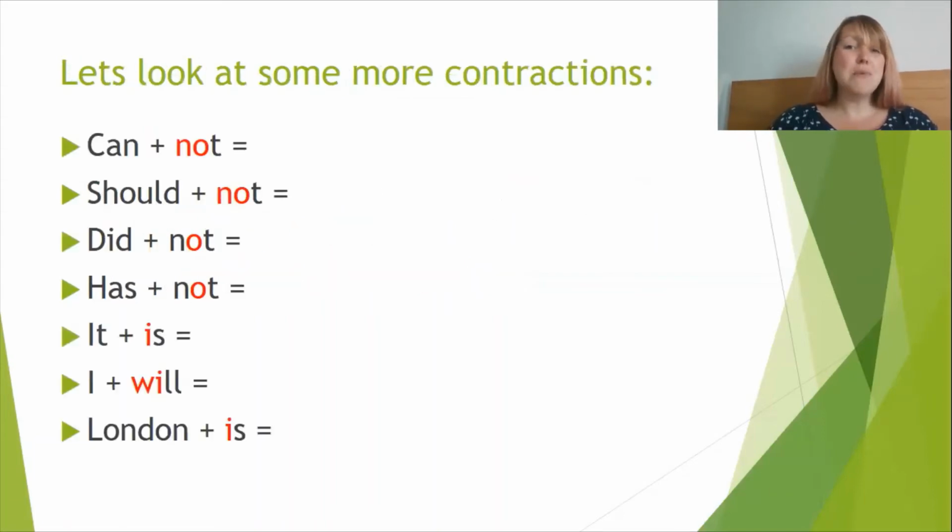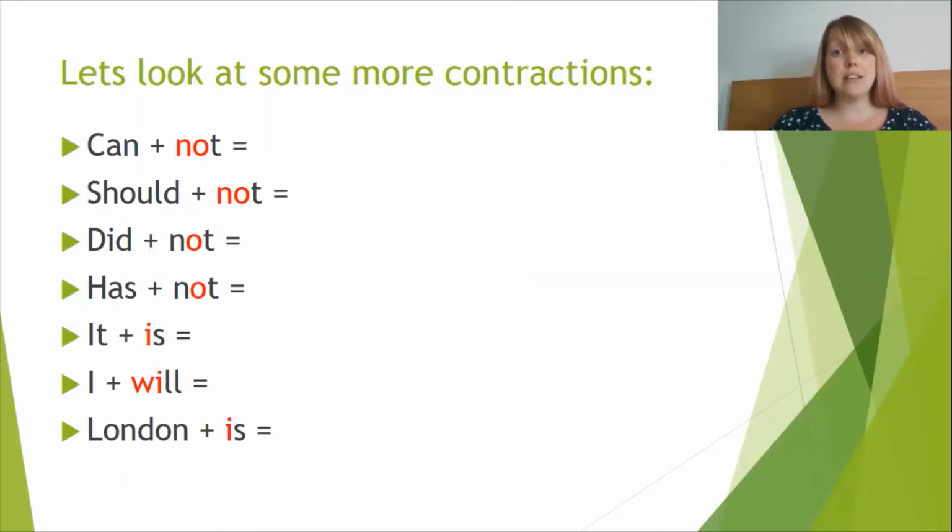So let's look at some more contractions. I've highlighted the letters that will be dropped in red so that you can find it a little bit easier to have a go at creating those into the contractions. Now I'd like you to have a go at creating can and not into the contraction can't. Should not into shouldn't. Did not into didn't.